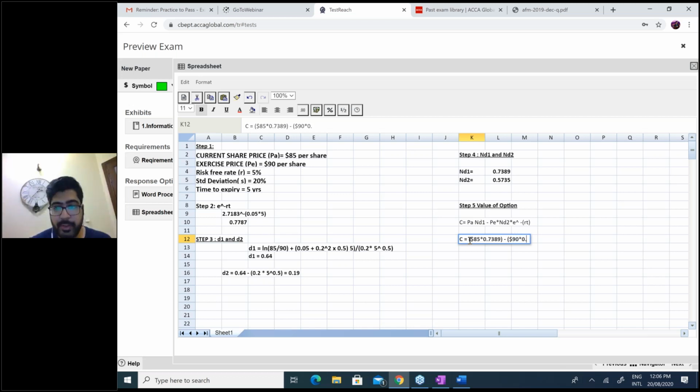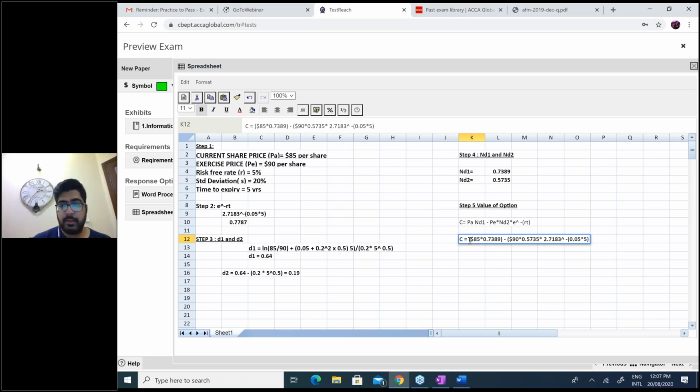What is ND2? 0.5735. Into e, 2.7183, to the power minus RT, 0.05 into 5.